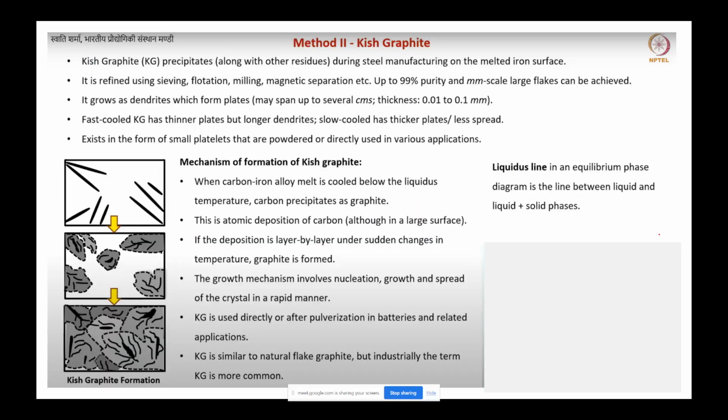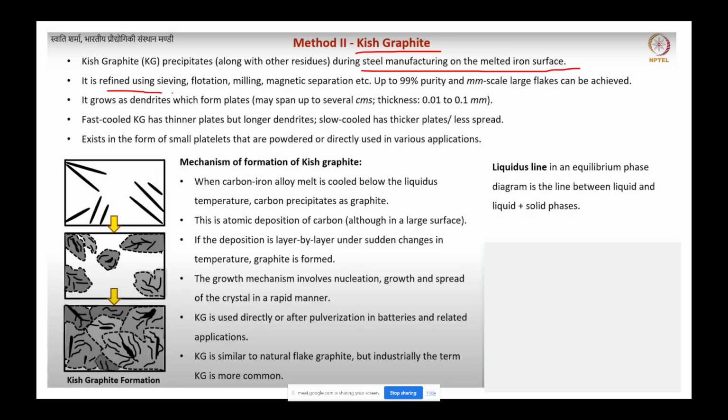So in this question it is asking about Kish graphite. Okay, so what is Kish graphite? Firstly, it precipitates during steel manufacturing on the melted iron surface, along with other residues.